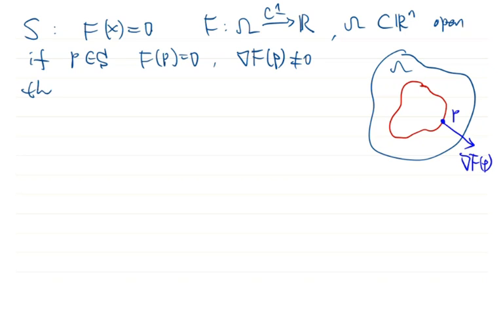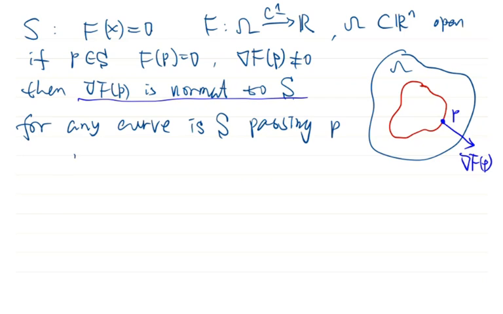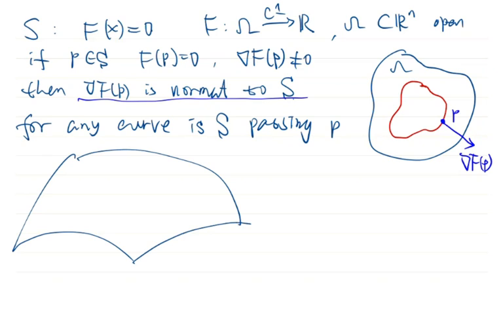Then the gradient is a normal vector. Why is the gradient a normal vector? Because the reason is that for any curve in S passing P, that is, here is S, P is a point here.